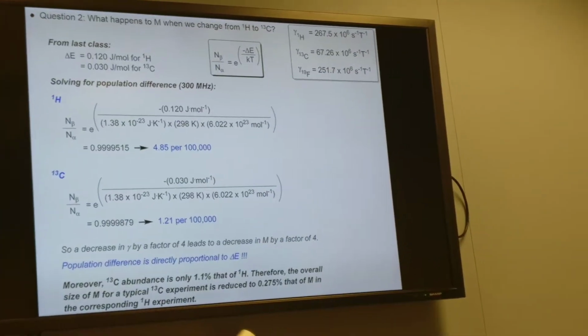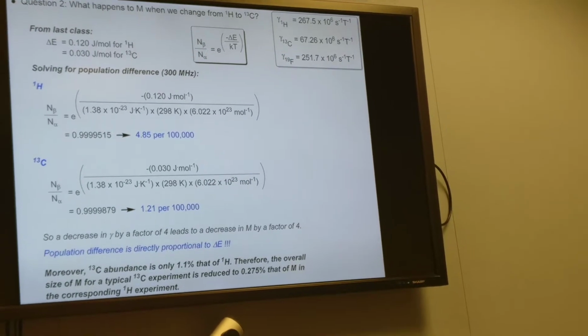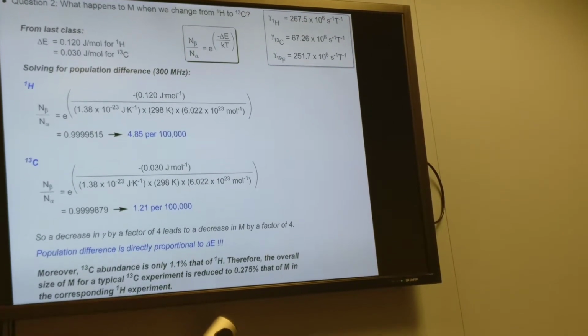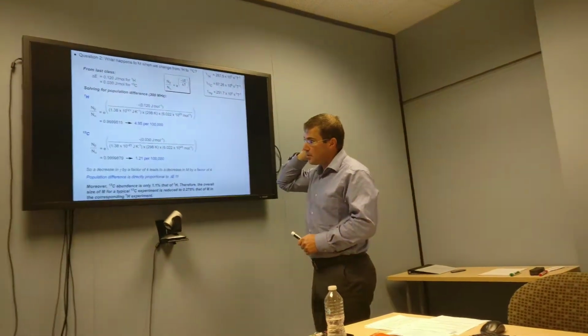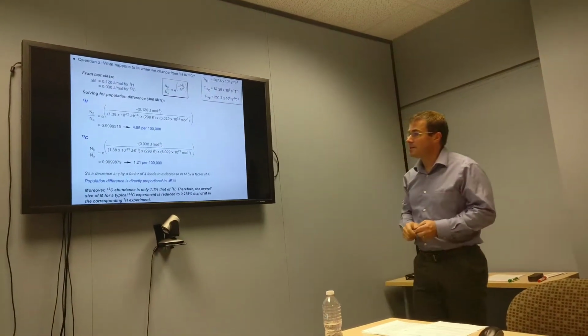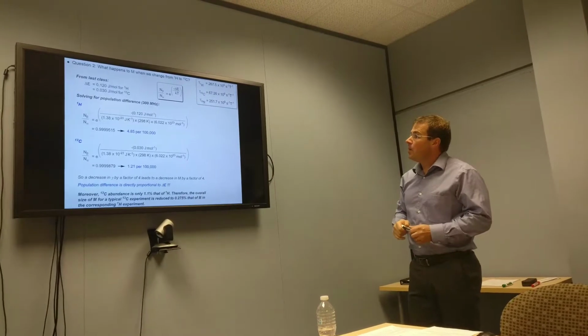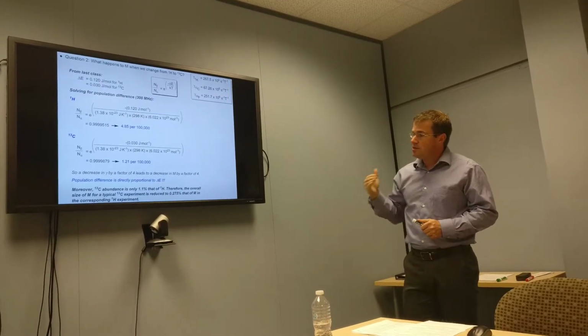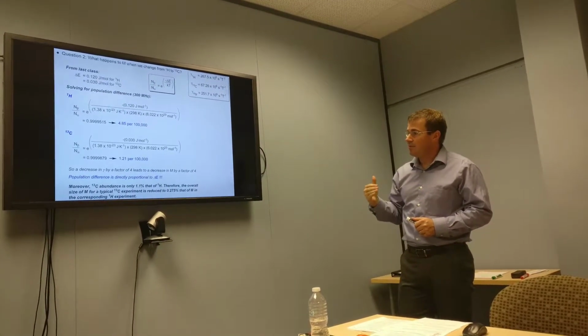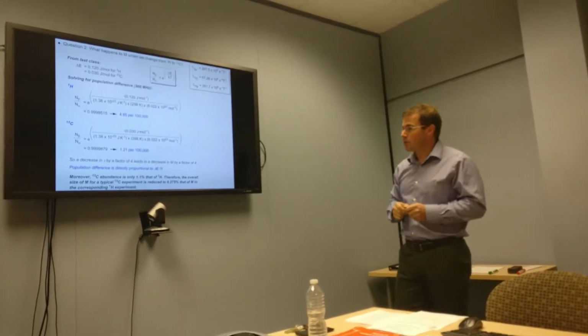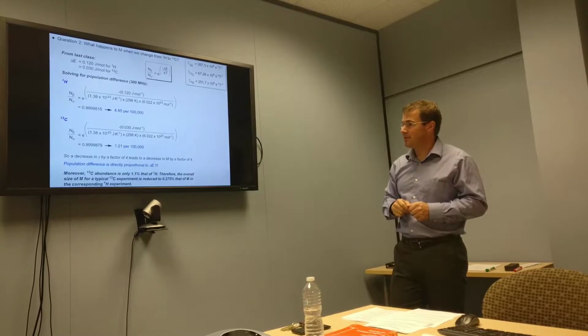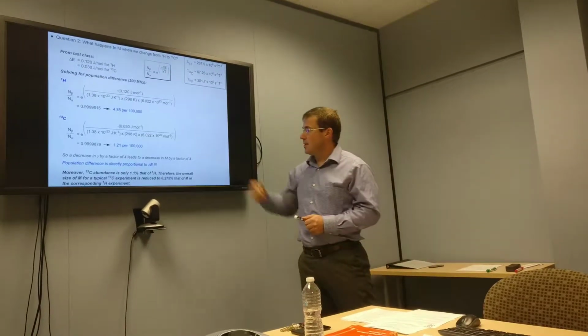Question 2, what happens when we go from a proton experiment to a carbon experiment? So again, we've got all the energies. We basically worked through them in the previous class. Okay, we've made a decrease in the magnetization vector by a factor of 4. Again, that turns out to be linearly proportional to the size of the magnetization vector, so that's decreased by a factor of 4.